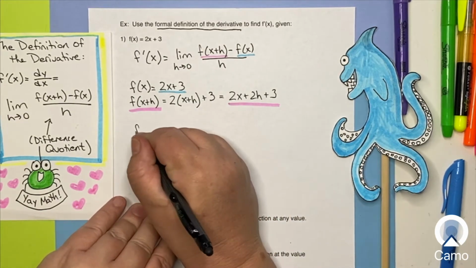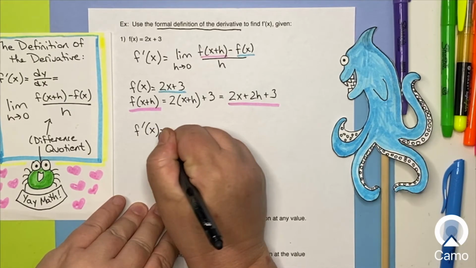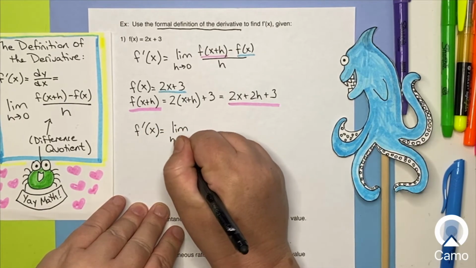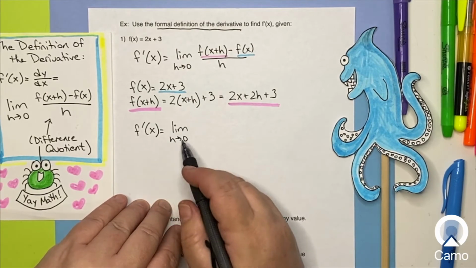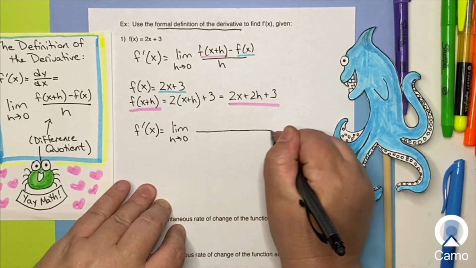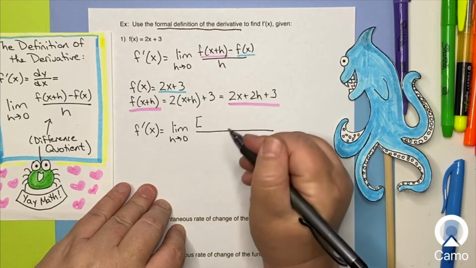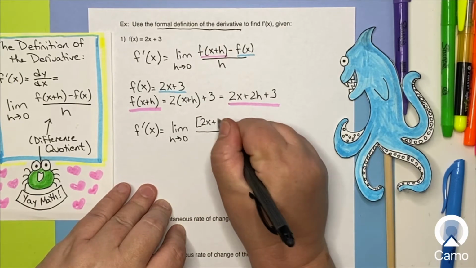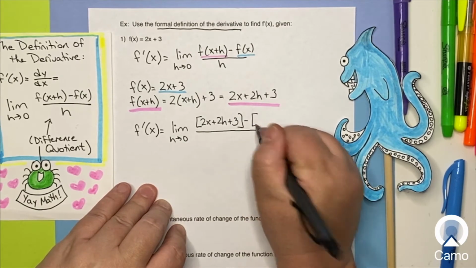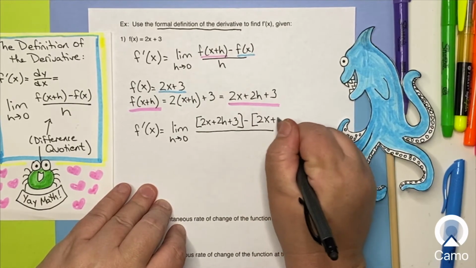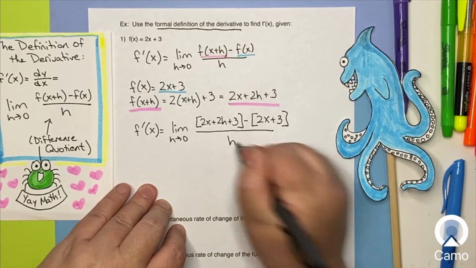So my derivative is equal to, now this is very important. A lot of people leave this out. They're like, oh, I'll just put this in at the end. But this is an important part. So I've got my pink piece, 2x plus 2h plus 3, minus my blue piece, 2x plus 3, all over h.